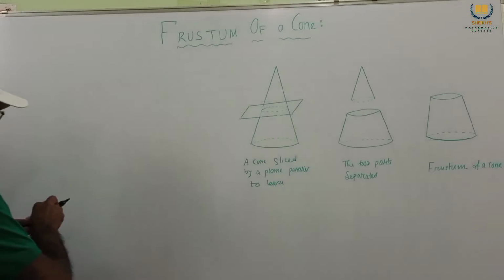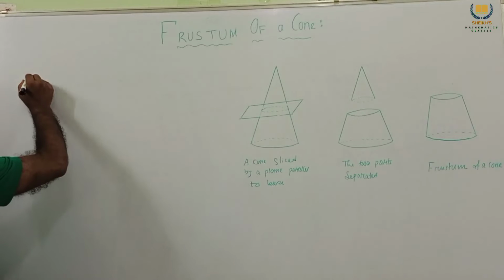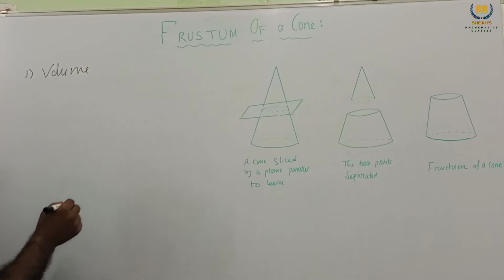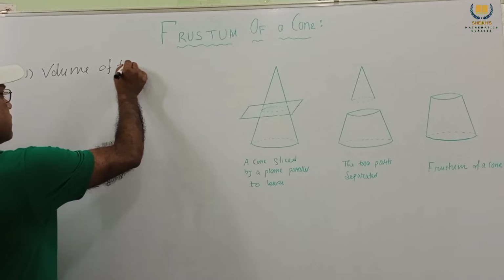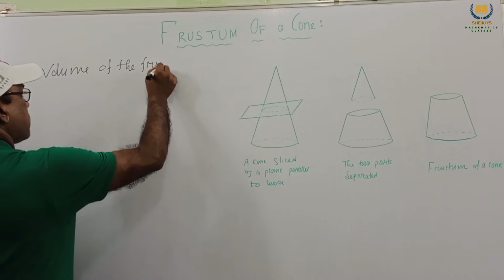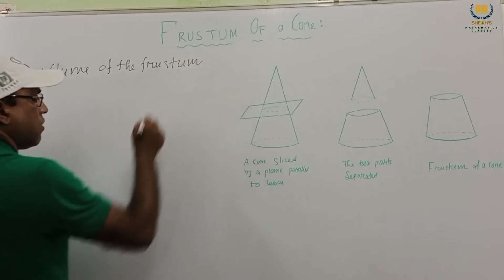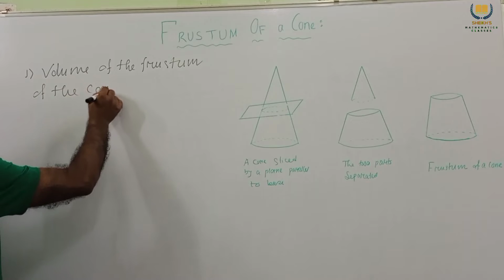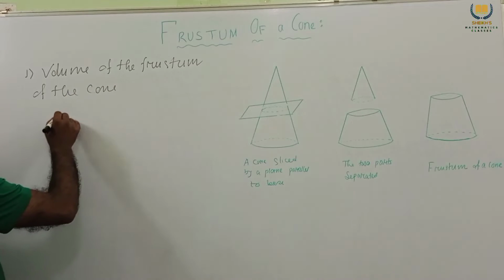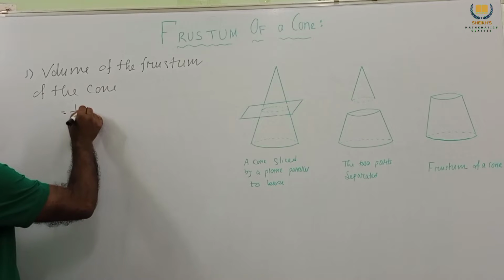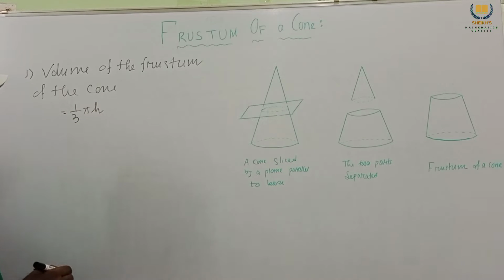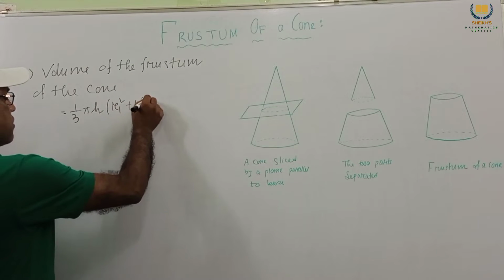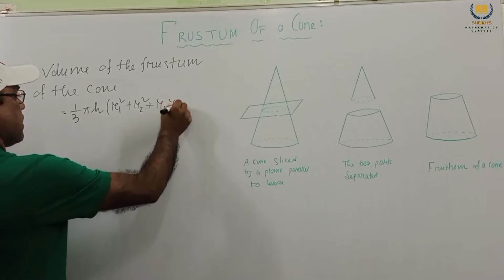Now first we consider the formula of volume. Number one, volume of the frustum of the cone. This is 1 by 3 pi h (R1 square plus R2 square plus R1 into R2).